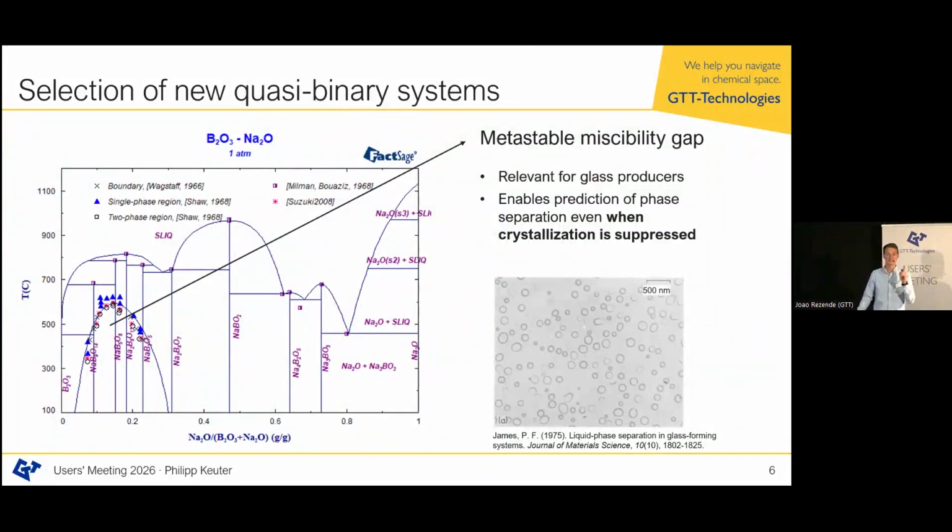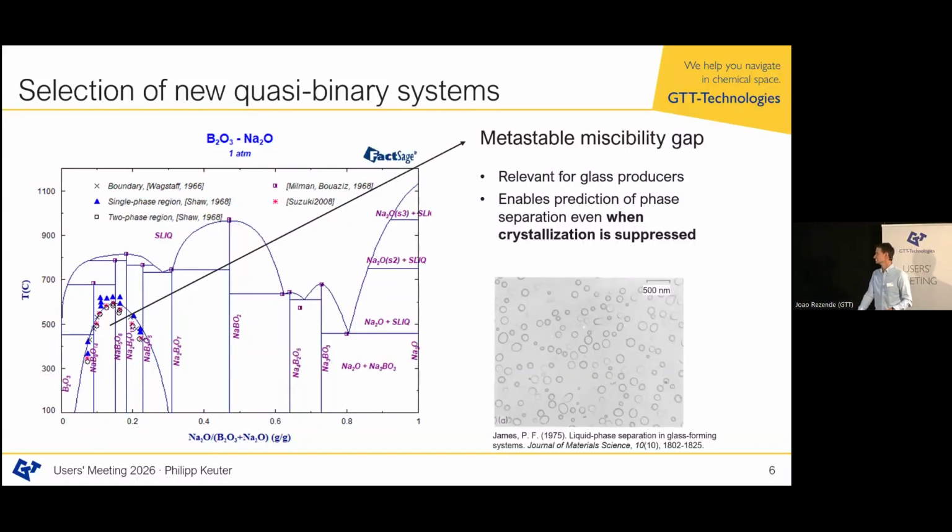You need to start caring about this when you're dealing, for example, with glasses, because then you have an undercooled liquid, and then you are highly interested in if your glass, when you undercool it, is demixing into two different liquids or not, because this will have a huge impact on the optical properties of your glasses.